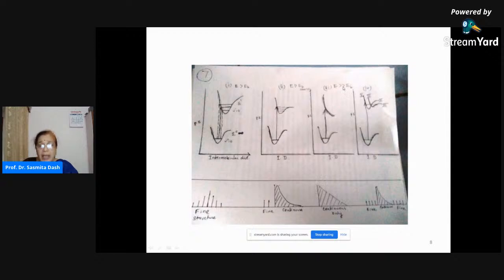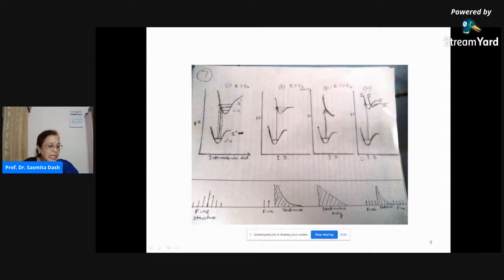That is why this particular upper level does not show a minimum, just like in the previous cases. There is no minima in the curve. So when the photon is absorbed here, it immediately breaks into atoms or radicals. So there is only a continuum visible for this kind of spectra.